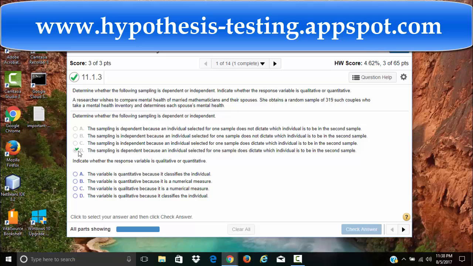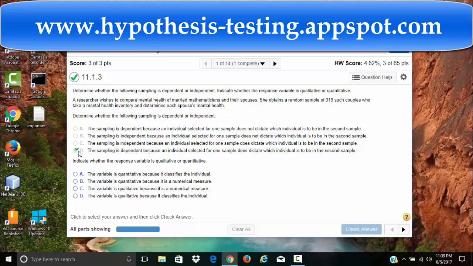Then when we talk about qualitative and quantitative, qualitative is something that deals with nominal, name, gender, religion. Those are qualitative, something you cannot count or measure. If you can count it or measure it, that means it deals with numbers, then that is quantitative.